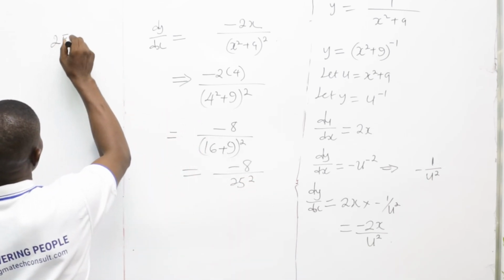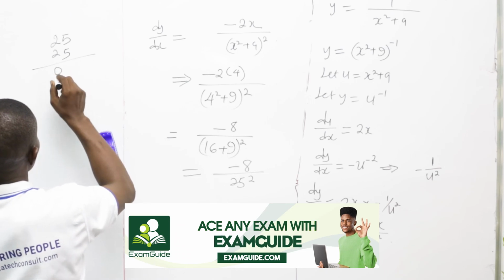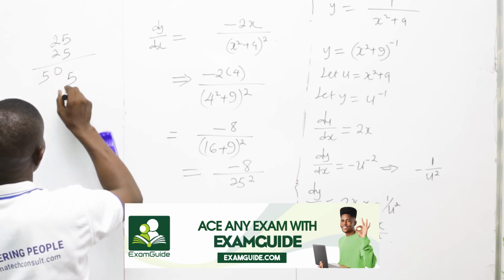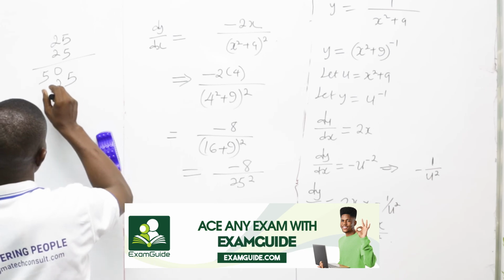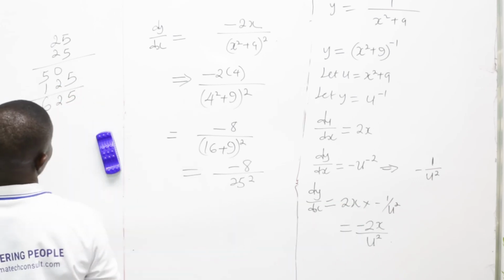You multiply it out, 25 into 25 gives 625.